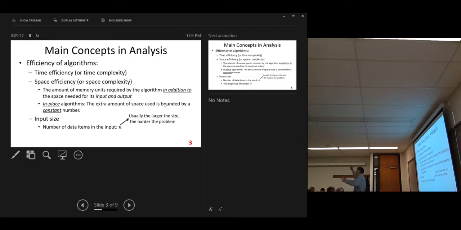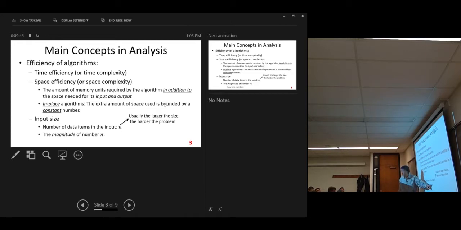If we reduce the size, we can make the problem easier. That is a simple fact. Another type of input size is the magnitude of the number. Here, we'll only give one number.